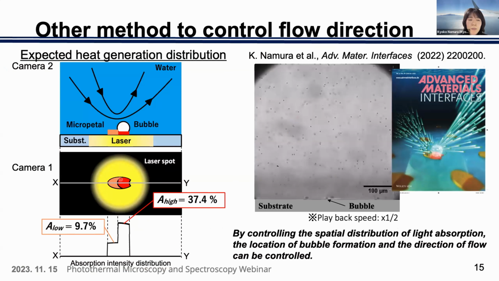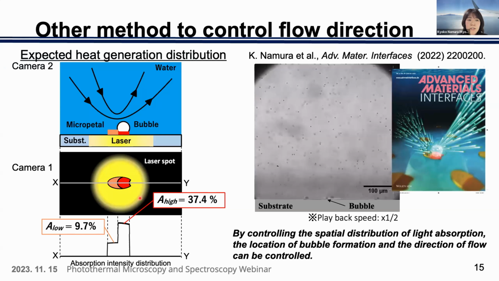So if you have a small patch of gold thin film, and you irradiate laser on this micro-patterned photothermal convergent thin film, the heat generation distribution will reflect the optical absorption of this micro pattern.